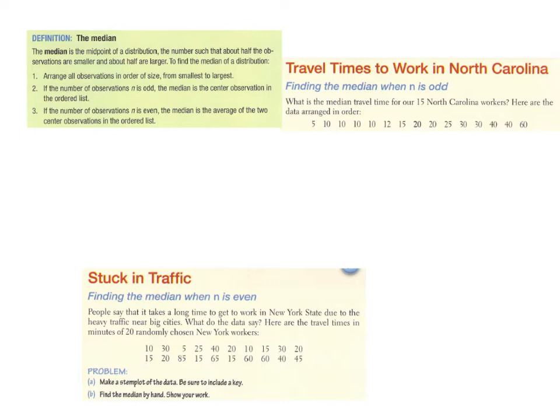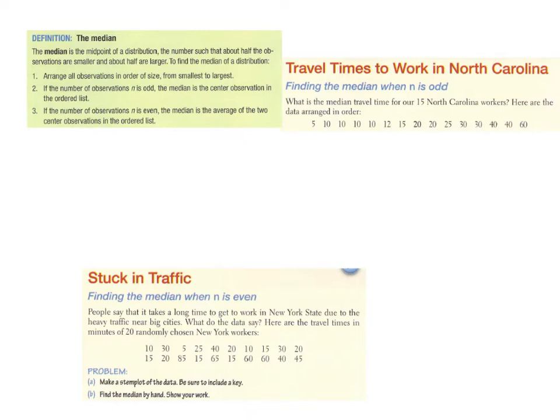Okay, so our next measure is median. Median is the exact same as it has been all the times you've talked about it in math. It is our midpoint of our distribution. We have the same number of values that are smaller and the same number of values that are larger. When you're calculating median, all you need to do is arrange all your data points in order from smallest to largest.